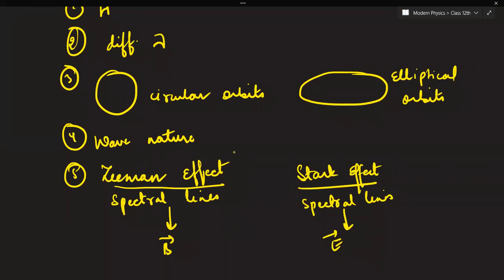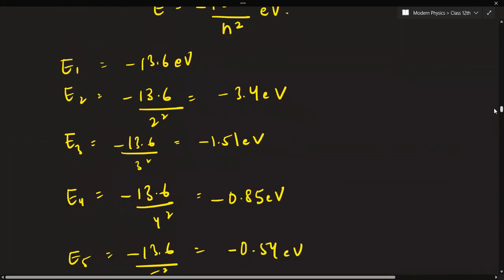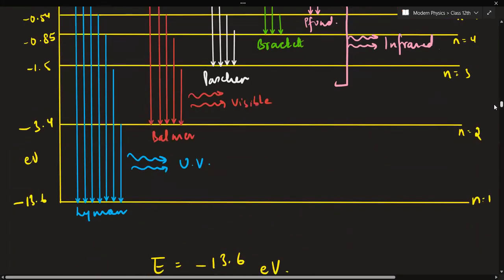So make some mnemonic, something that makes you remember that Zeeman has magnetic, Stark has electric. And yes, Bohr's theory didn't explain both these two effects. So these were certain huge limitations of Bohr's theory. Every theory has its limitations and certain conclusions from it. Okay, so quickly note it down.